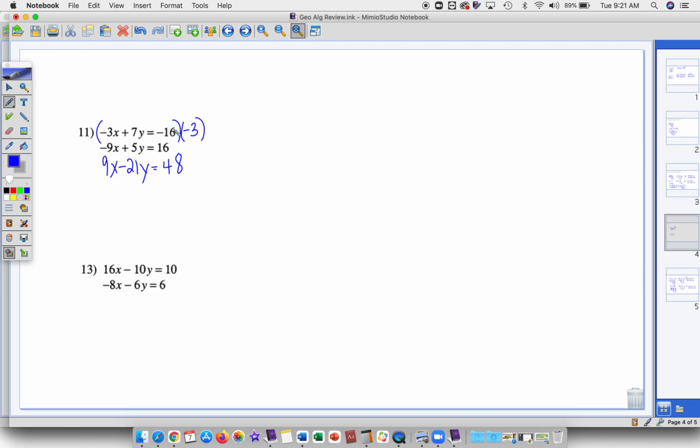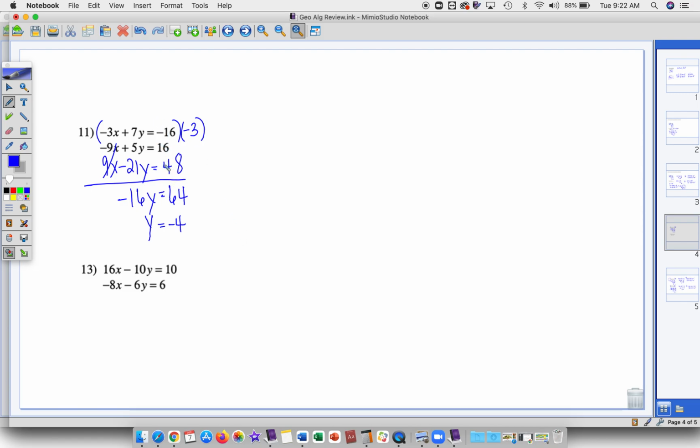So every term gets multiplied by that negative 3 on both sides of the equation. So now when I combine, the x's drop out. I get negative 16y is equal to 64. Or I'm sorry, yeah, that's right, 64. So y is equal to negative 4. So go back and plug this in and solve for x.